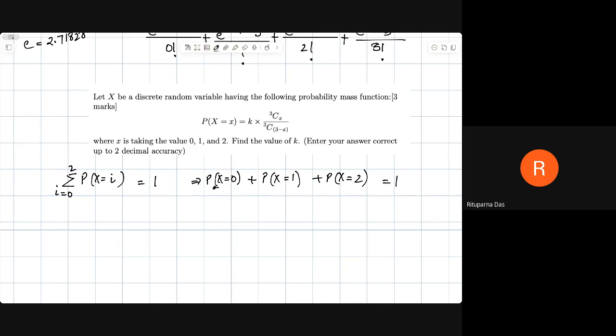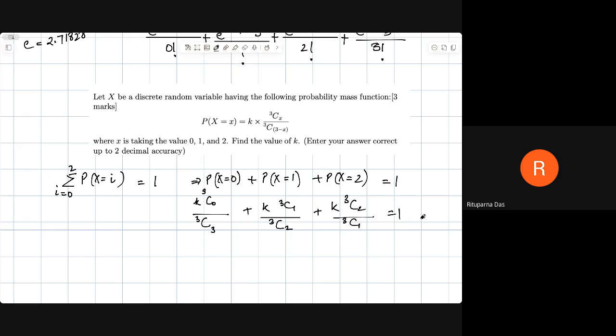So what does it mean? It means that k into 3C0 divided by 3C3, plus k into 3C1 divided by 3C2, plus k into 3C2 divided by 3C1.